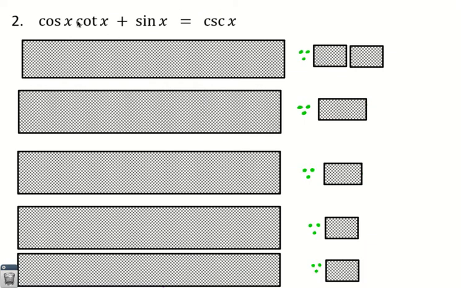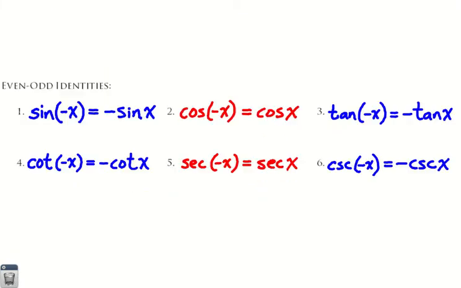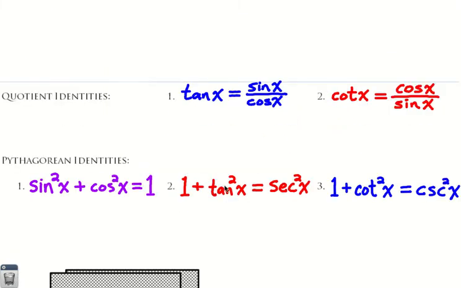And unless you can think of something else to do, and I know I'm getting way ahead of myself, I guess some foreshadowing at least. Sometimes it's going to be in your best interest to leave it in a cotangent, because maybe you notice a way you can apply a Pythagorean identity.